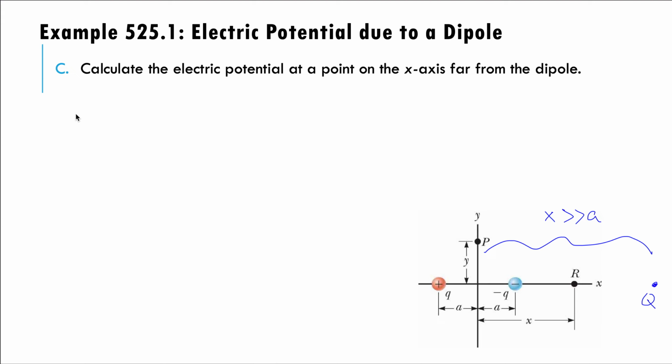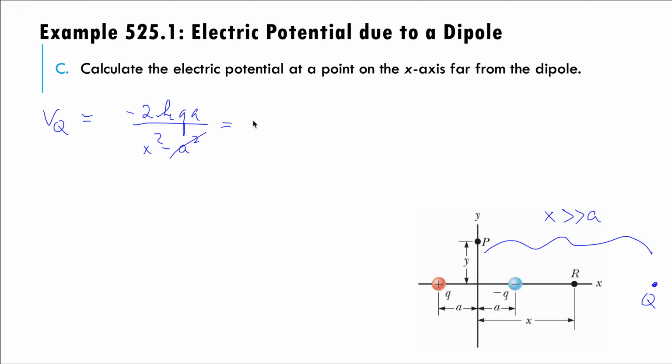So in this case, we can take our potential that we got last time, right? We got negative 2keQa over x squared minus a squared. And we can see that when x is much greater than a, then this a squared term basically cancels out, because x squared is just so much greater.